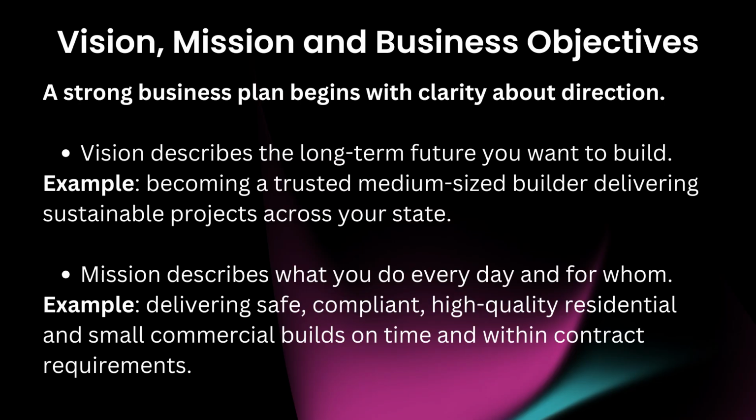Vision, mission, and business objectives. A strong business plan begins with clarity about direction. Vision describes the long-term future you want to build. Example, becoming a trusted medium-sized builder delivering sustainable projects across your state. Mission describes what you do every day and for whom.